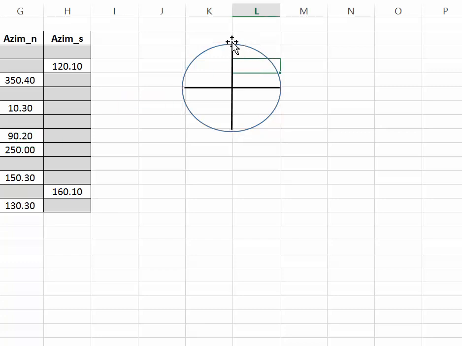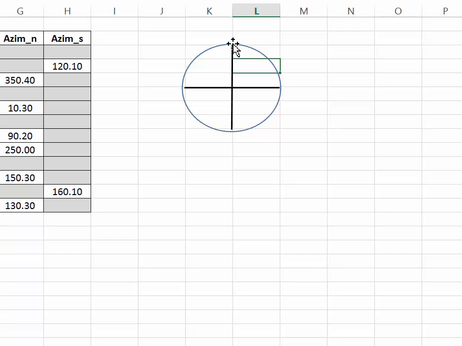Hopefully you remember that the top would be 0, and as I go around this circle counterclockwise, I'm going to hit 90 degrees right here before I go into another quadrant, which is also 90 degrees. So by the time I get all the way down here, 90 plus 90, I'm at 180, and I travel another 90 around the circle, I'm at 270, and then home is 360 or 0 again.